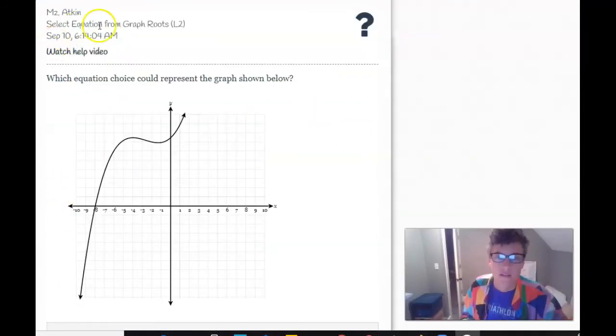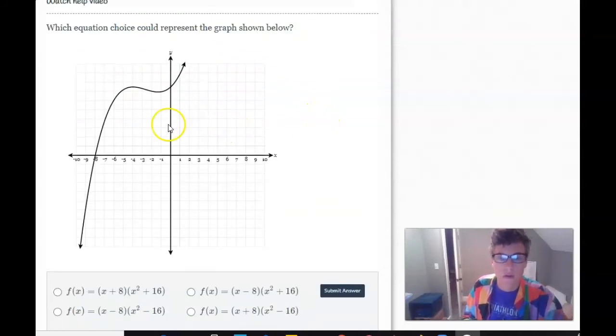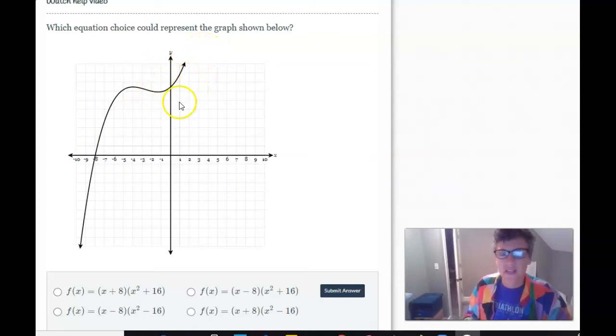Genius. Okay, select equation from graph roots level 2. Which equation choice would represent the graph shown below? We have one root here, but this is a cubic looking thing, so we should have 3 roots, which means we have 2 complex roots.